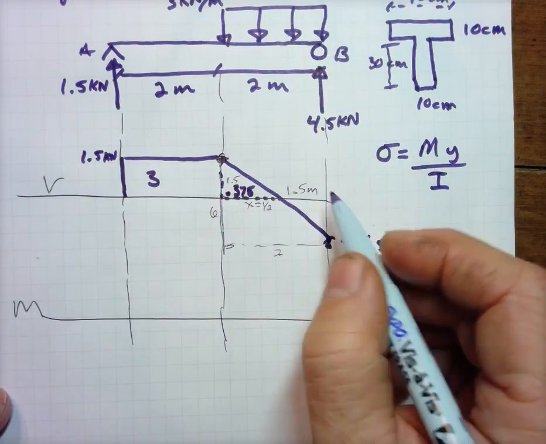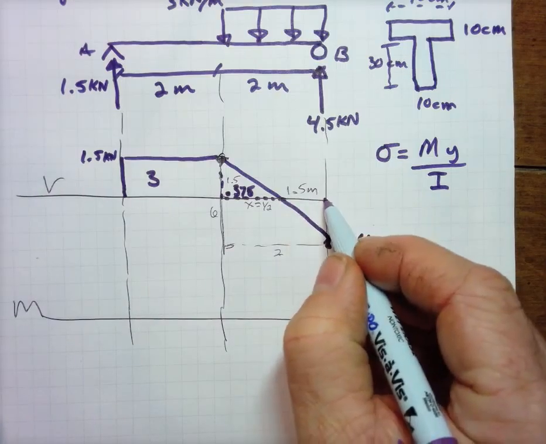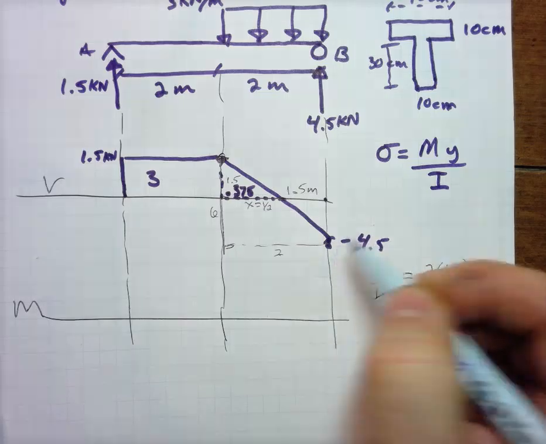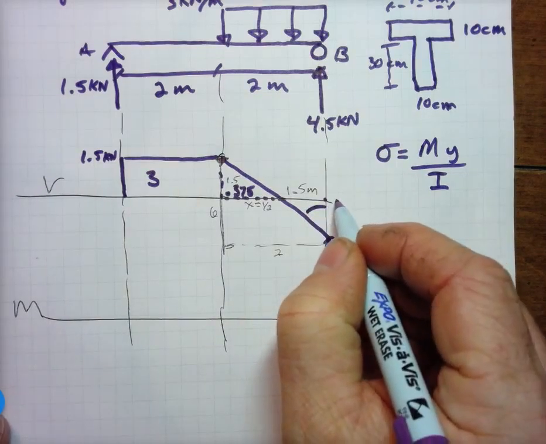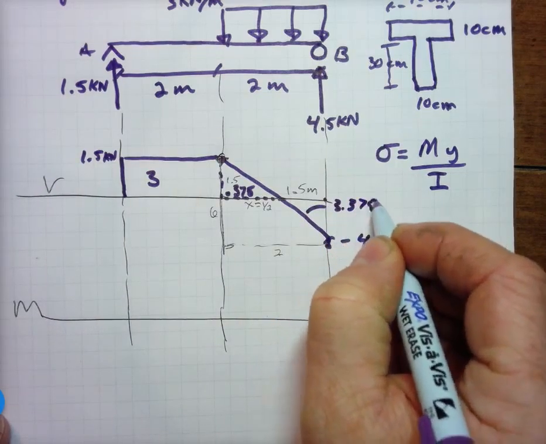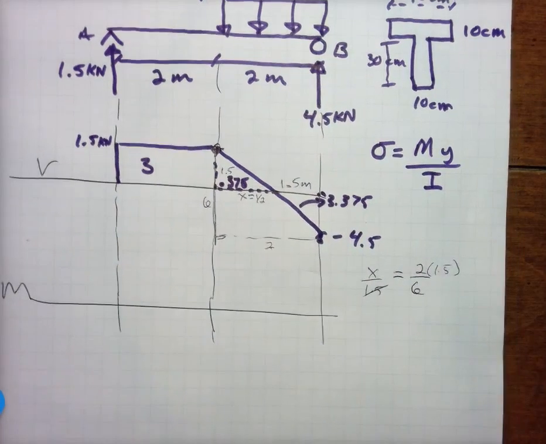And over here, my one half base times height is going to be one half of 1.5 times negative 4.5. And I get a negative 3.375. All right, there we go.